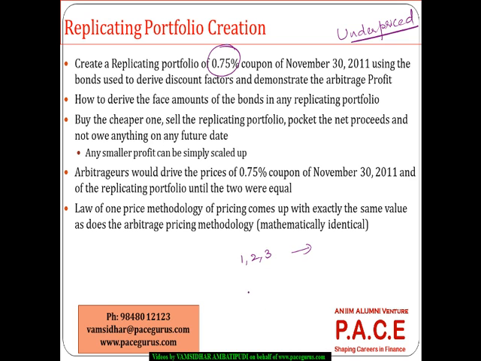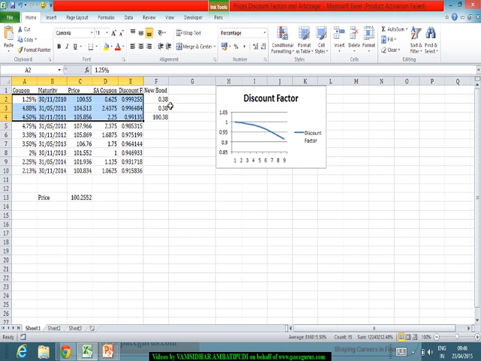So we know that this is the one that will be giving 0.38 cash flow after 6 months. This will be giving 0.38 after 1 year, and another 100.38 after 1.5 years.